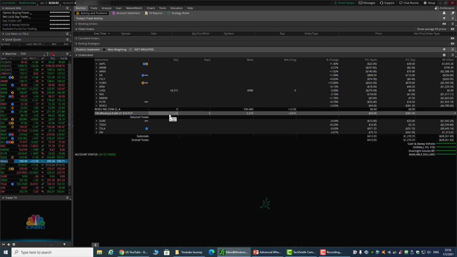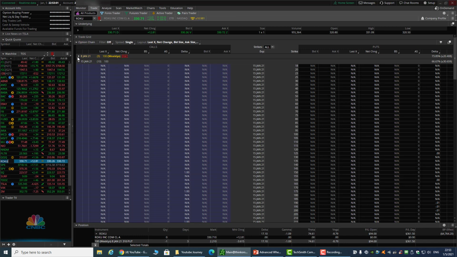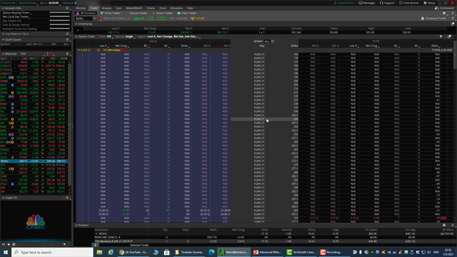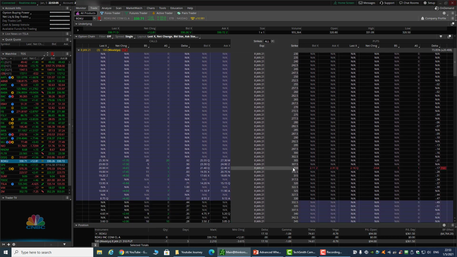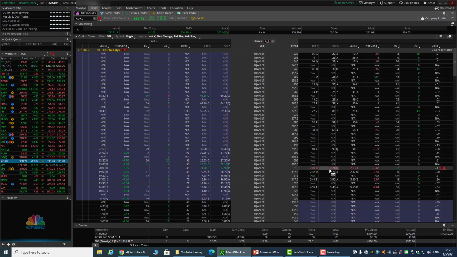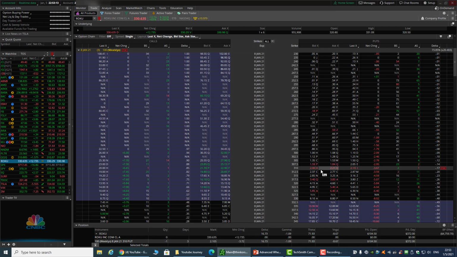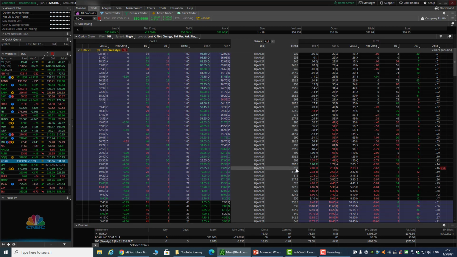But for me to actually do a roll, I'll be closing out this trade that expires on the 8th of January. Let's assume I wanted to do a roll, then I will have to close out this trade at about 2.10, looking at the bid and ask. So I'll be closing out this 310 put at $2.10.